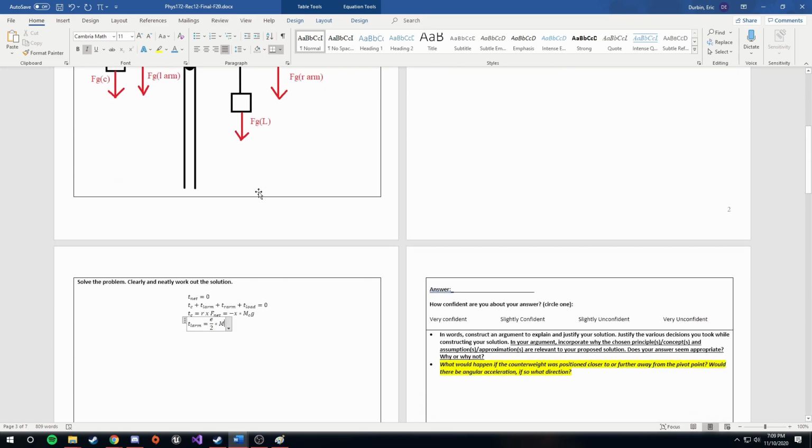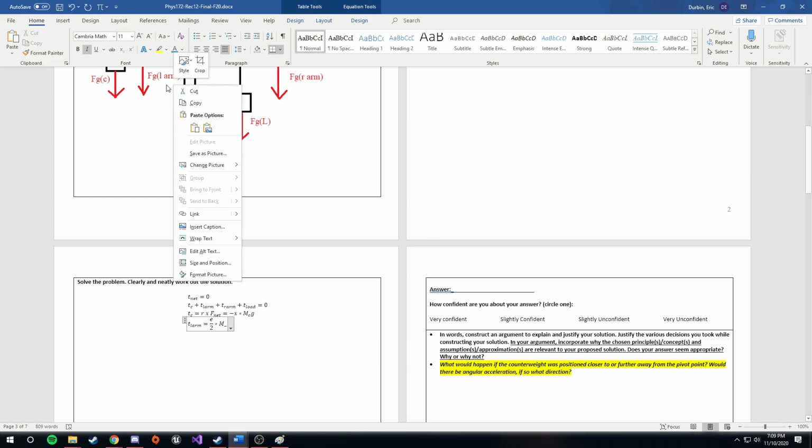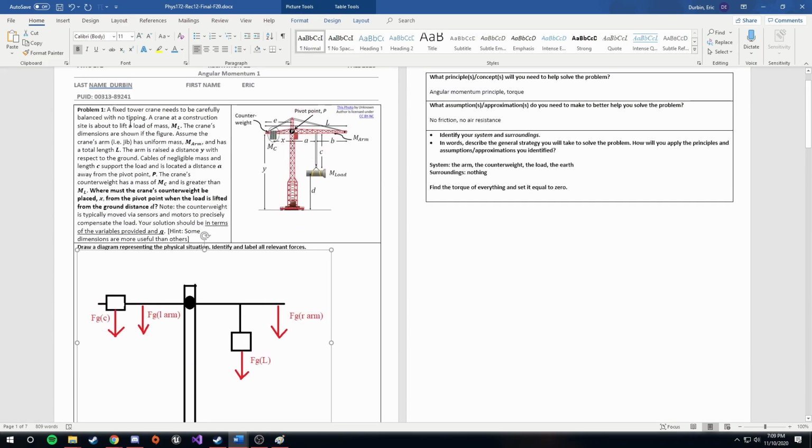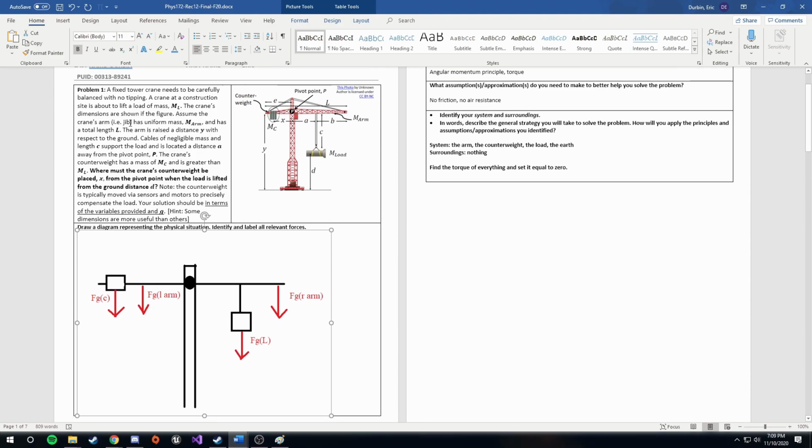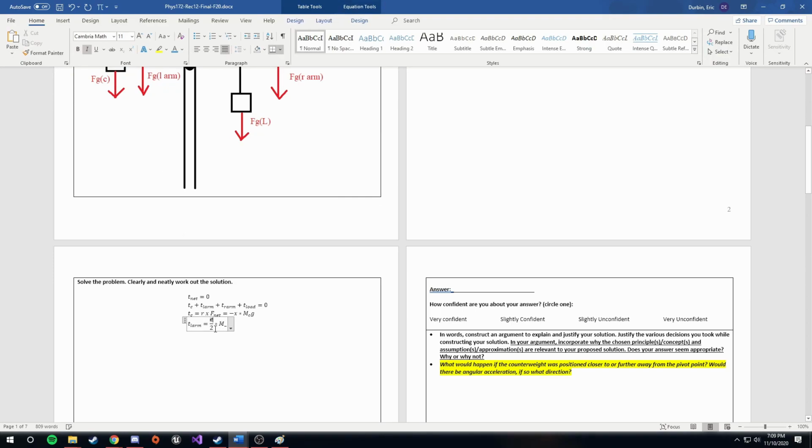would be, oh gosh, wouldn't it just be E over L times the mass of the arm? Wait, I don't get it, sorry. Why are we using E over 2? Because that's where the center of mass is.